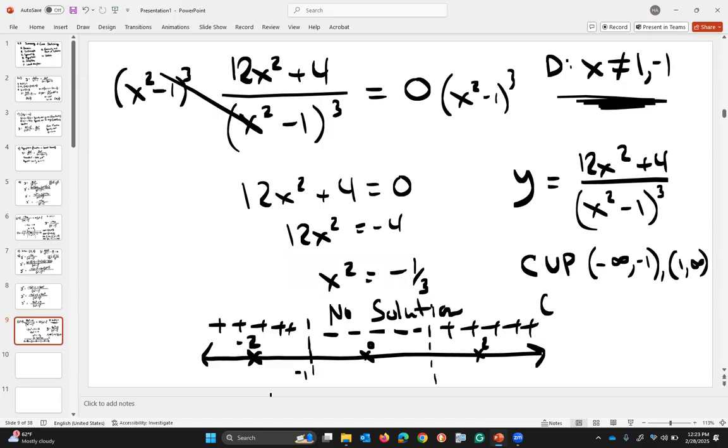The graph is concave down, CD, from -1 to 1. So from -1 to 1 is concave down. We good?